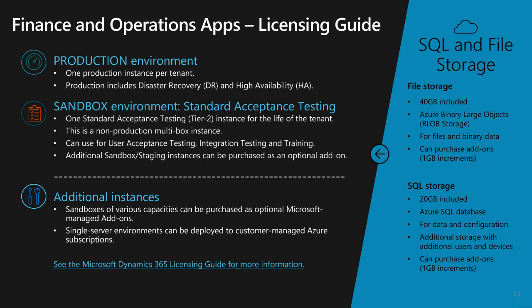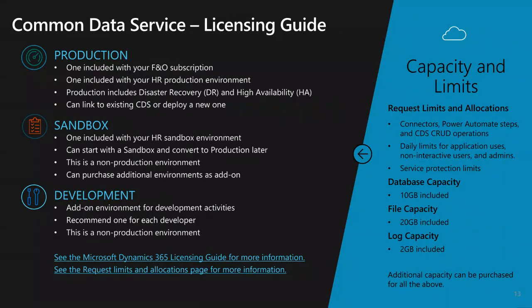So now let's take a look at the standard components that are included in the Common Data Service subscription. So with your F&O licensing, with your finance and operations applications, you will receive one Common Data Service instance that can be used as a production instance for Common Data Service, or the Common Data Service.